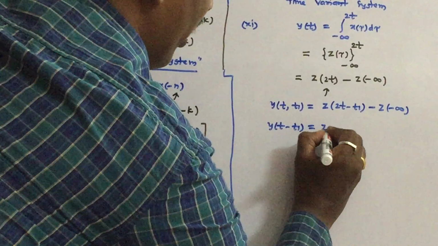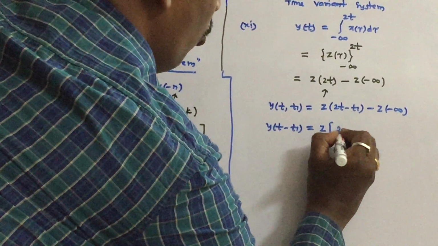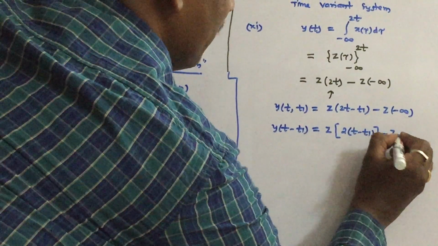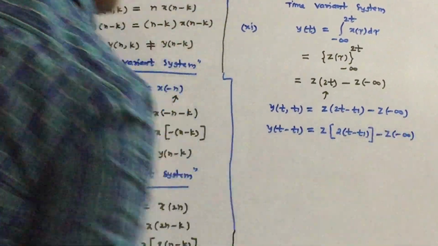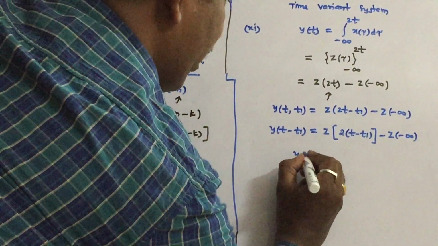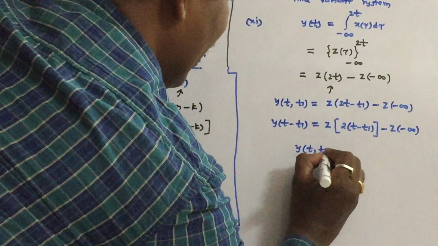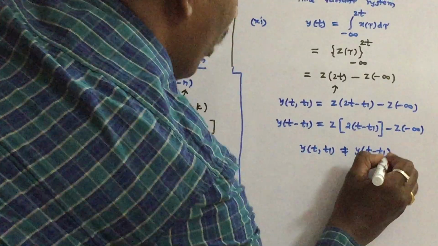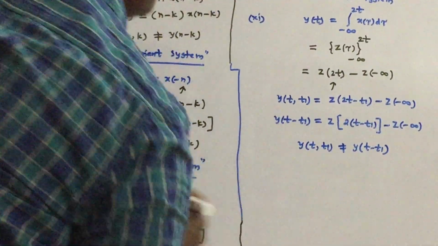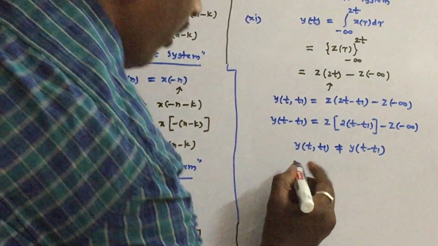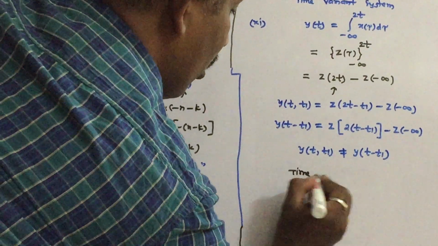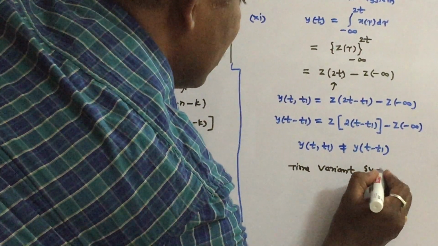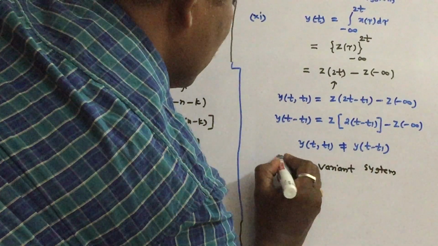That is z of 2 into t minus t1 minus z of minus infinity. As you see, the delay in the input and the delay in the output are not the same. So what is this system? This system is a time variant system.